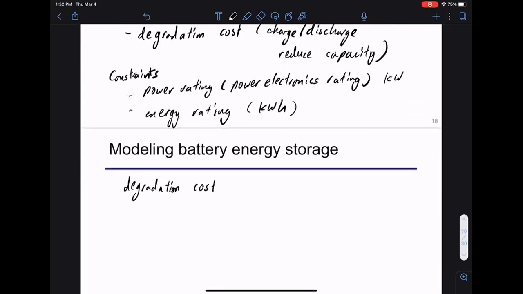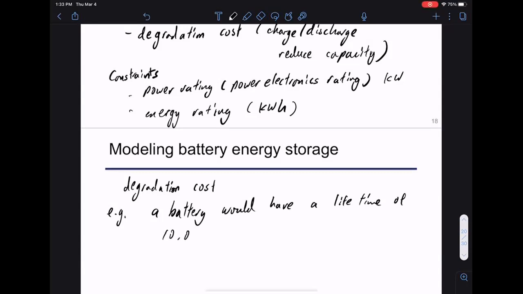When you look at a battery, especially a lithium ion battery, most batteries will come with the information that this battery can operate X number of cycles. Okay, so for example, I have a lifetime of, let's say, 10,000. 10,000 is a lot.